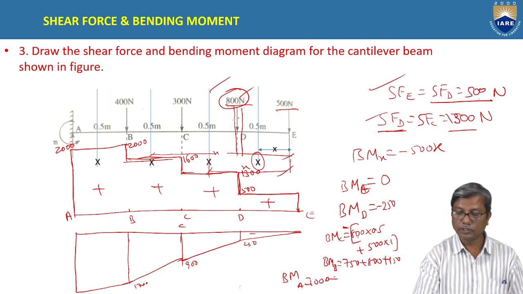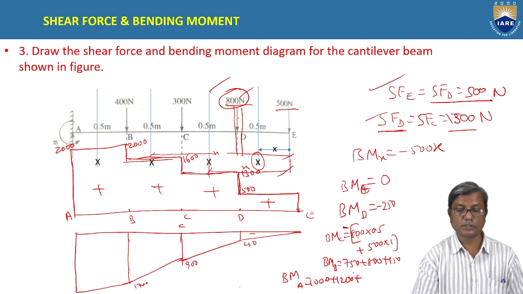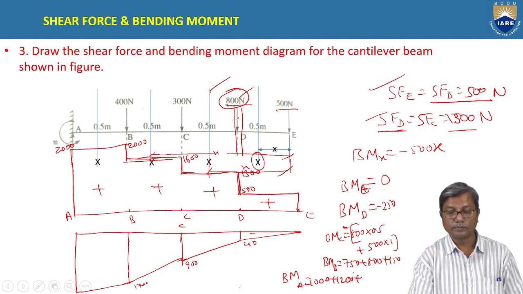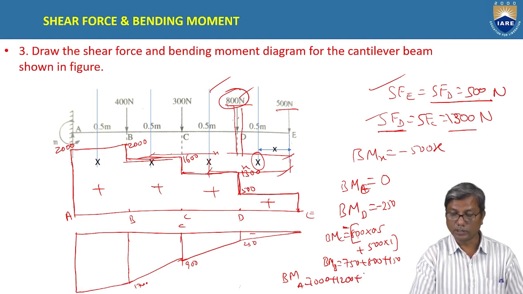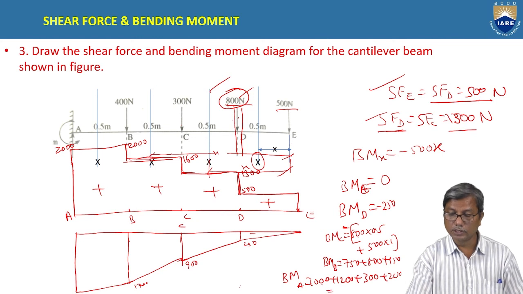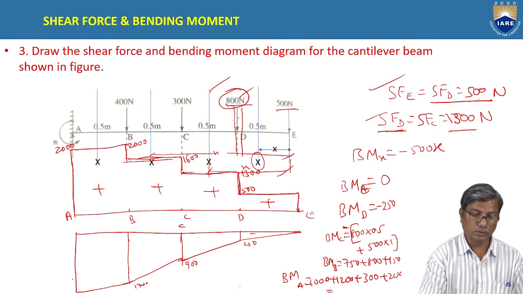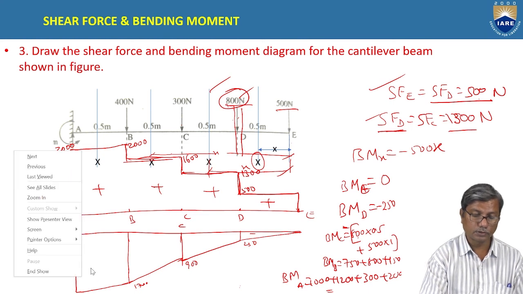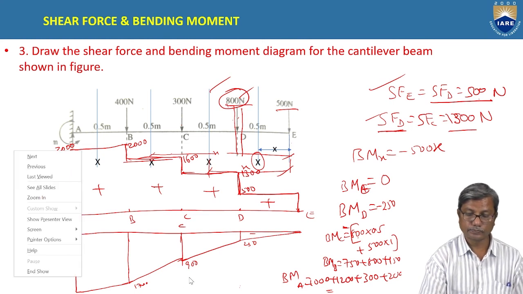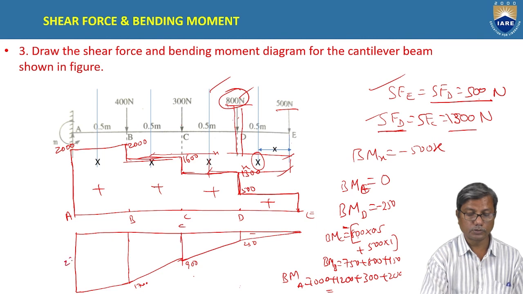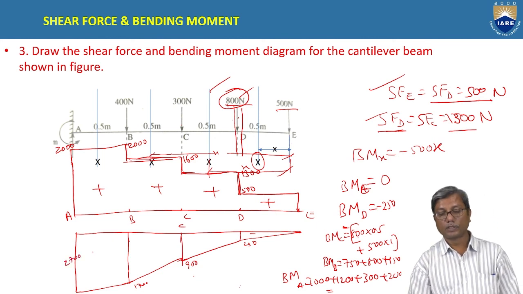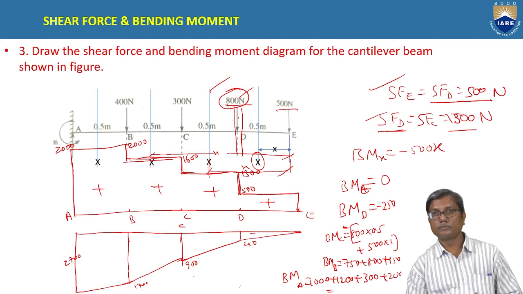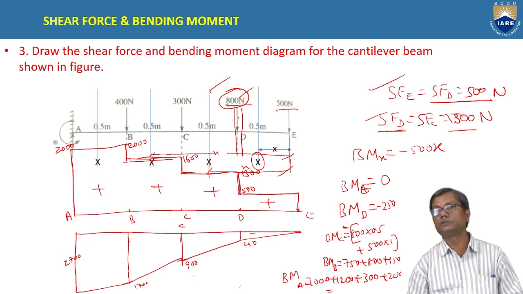So 1000 plus 1200 plus 300 into 1, that is 300, plus 400 into 0.5, 200. So the total is 2200 plus 2700. This is 2000. This is 2700. Okay. The diagram is not to the scale, but it will be something like this.